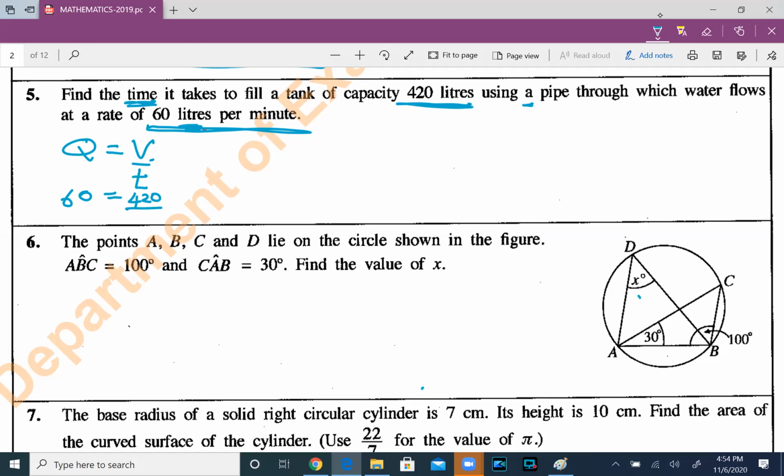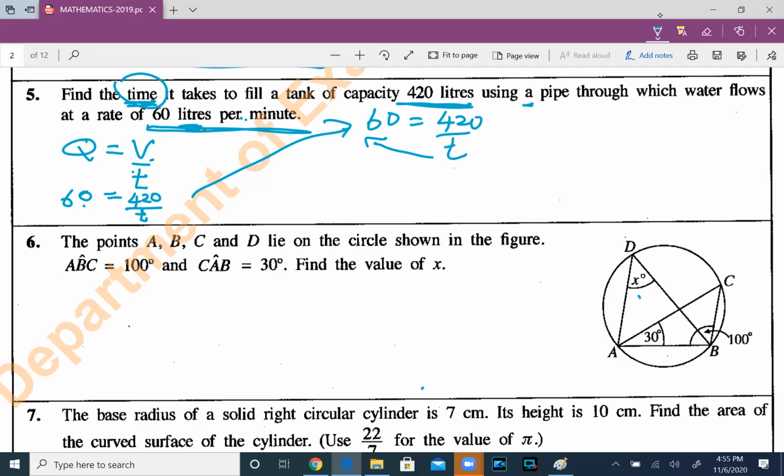Time we don't know, so that is what we have to find. After you put it in the equation, it's just a solving question. So 60 is equal to 420 over t.